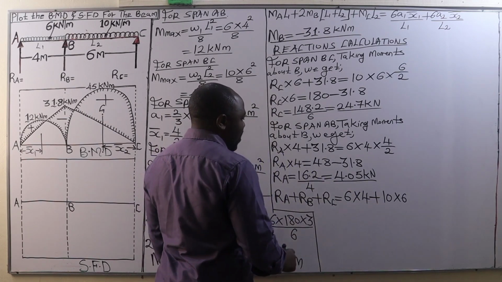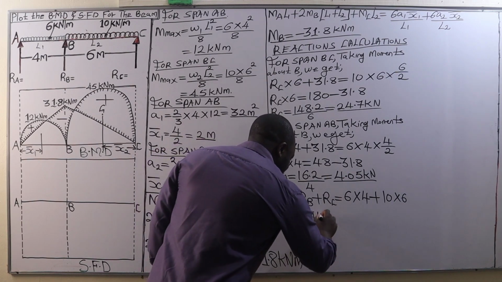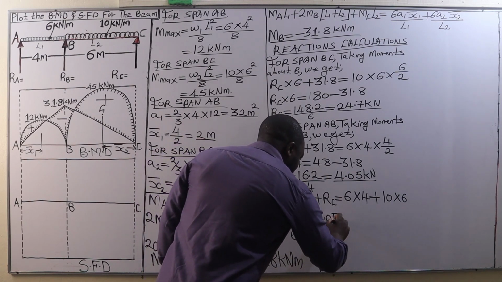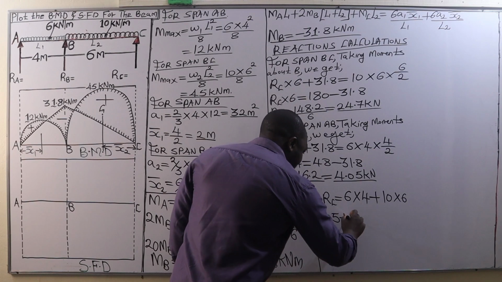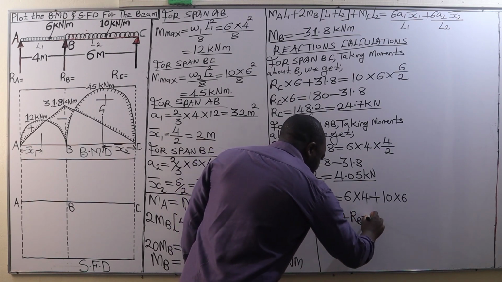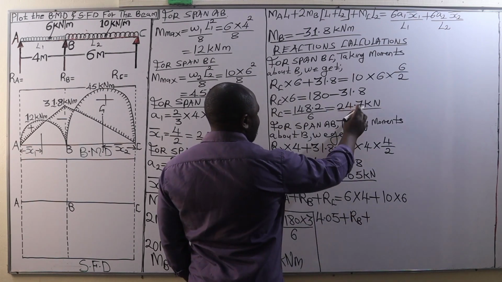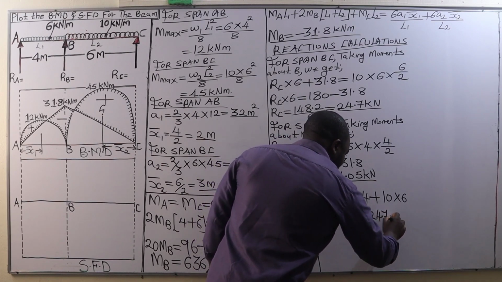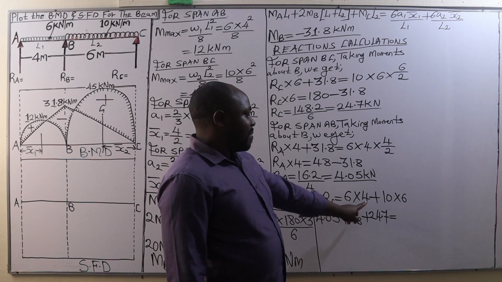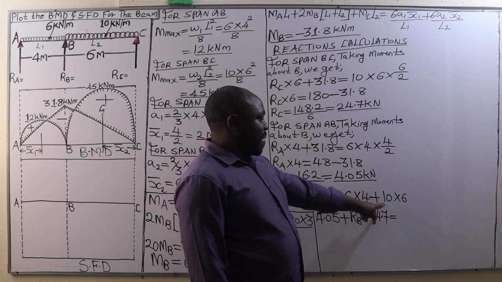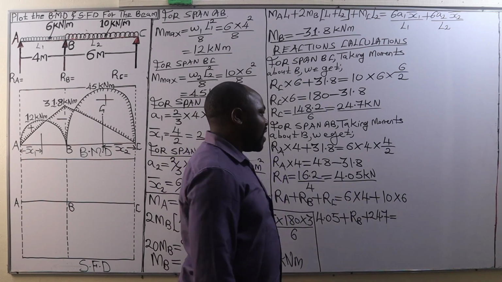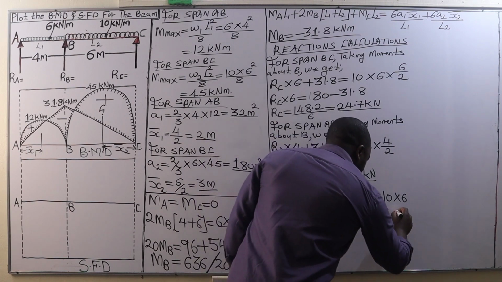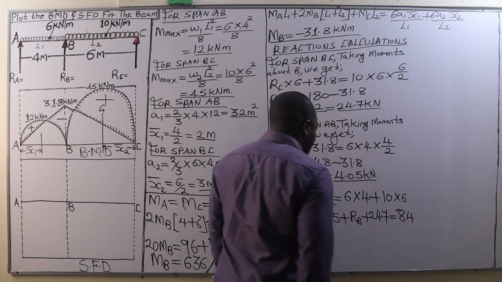And this is going to be RA, which is 4.05, plus RB, which we don't know, plus RC, which is 24.7, is equal to 6 times 4, that is 24, plus 60. 24 plus 60, that is 84. Therefore, the sum equals 84.